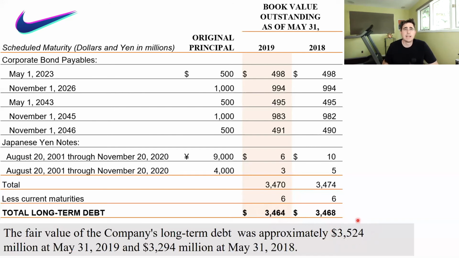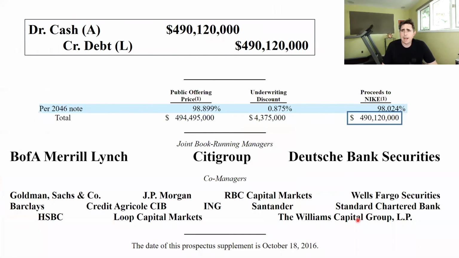The fair value is higher than the book value. How could that happen? Well, we know at issuance of a bond, the fair value is exactly equal to its book value. If I go back, the fair value of this bond on this date was $490 million. And that was also the book value on that date.